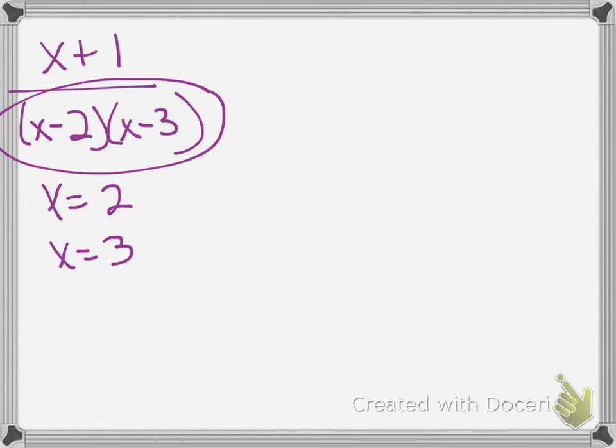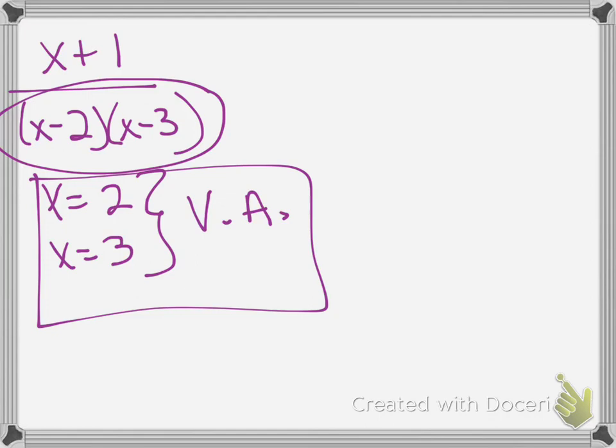I can't. So both x equals 2 and x equals 3 are vertical asymptotes. If they have no matching binomial in the numerator, that makes it a vertical asymptote.